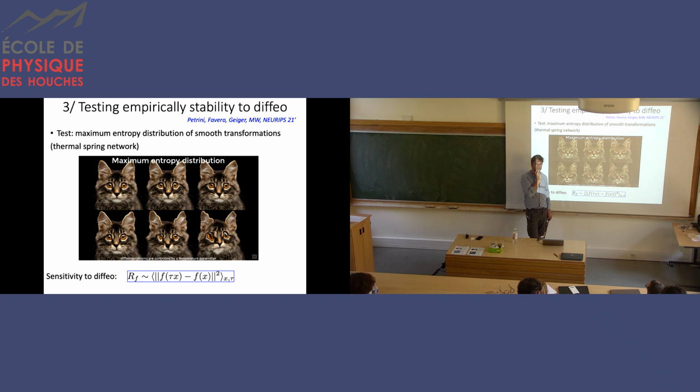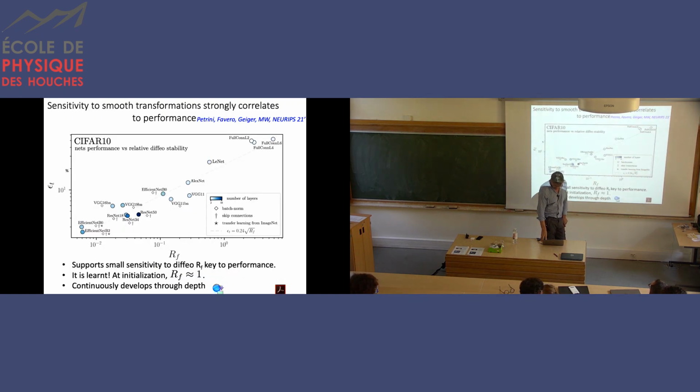So is it the case that if you didn't scale RF... It's a question of what the correlation is, right? RF could go down for two reasons: because these networks are more sensitive to random changes, or because they are less sensitive to these deformations. We quantify both in the paper.